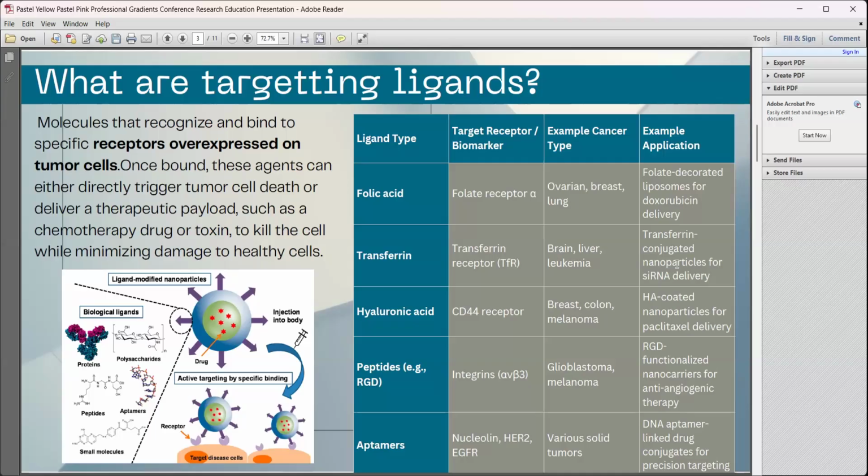This system significantly enhances therapeutic efficacy while reducing systemic toxicity. In recent years, targeting ligands including folic acid, carbohydrates, peptides, aptamers, and antibodies have been utilized.